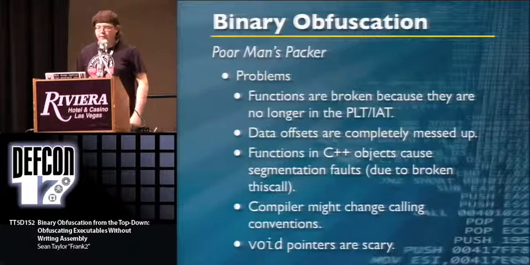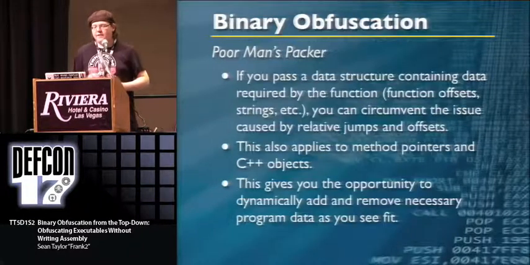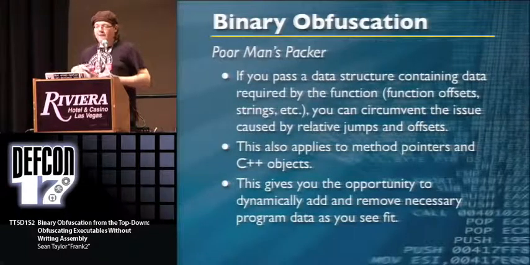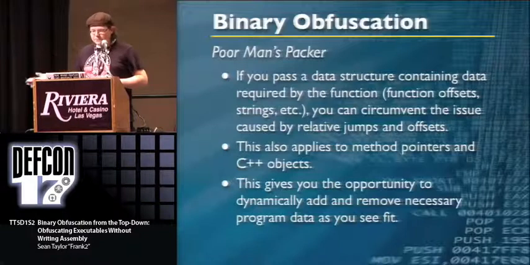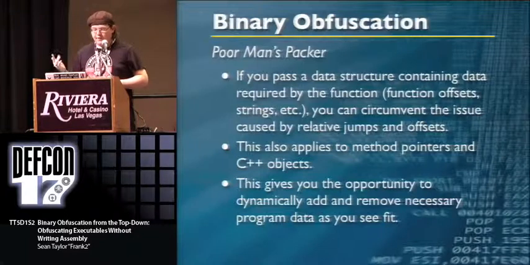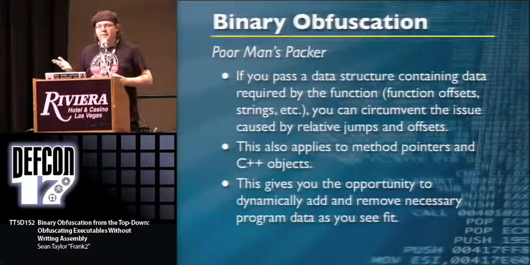Also, void pointers are scary. If you pass a data structure, like just a double void pointer data structure that has a bunch of generic data that you want to pass to every individual function, you can actually circumvent the issue that's caused by a broken memory section and by relative jumps and offsets. This also applies to method pointers and C++ objects in general.